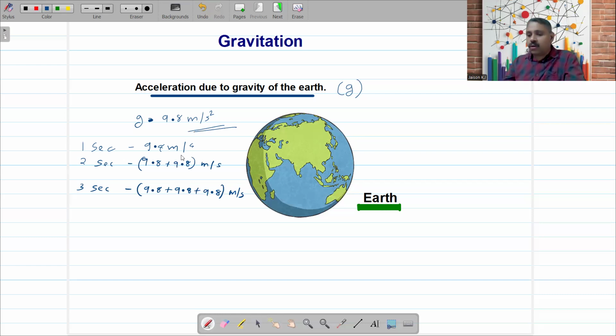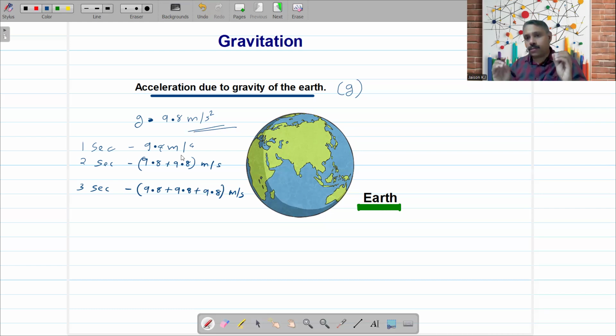So how can we give a statement for acceleration due to gravity? Acceleration due to gravity is the acceleration experienced by a body falling freely towards the Earth. That's all.